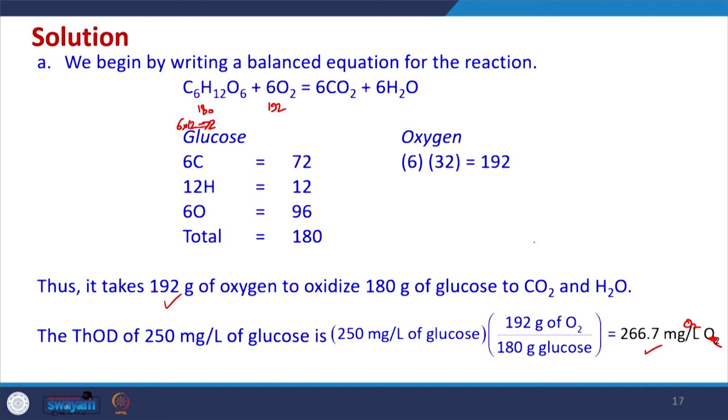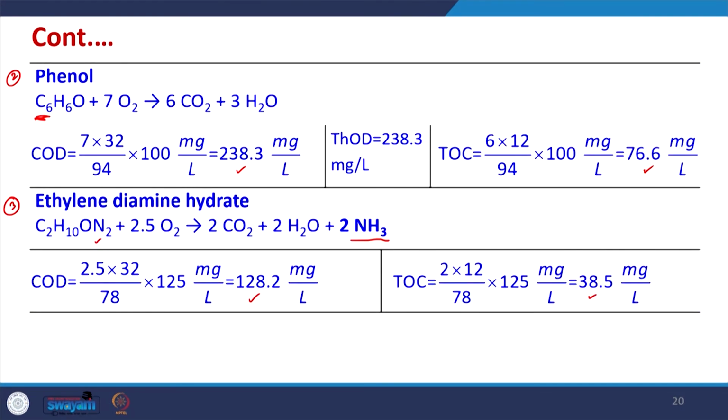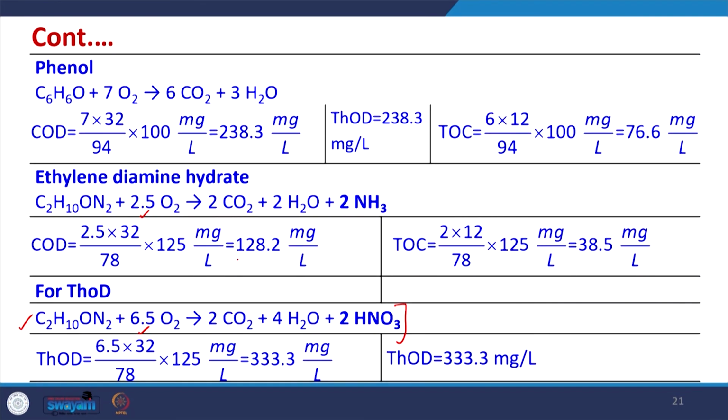Here also in the equation we can very easily see that, because 2N is there. So, the difference is 4, that is 6.5 minus 2.5. So, we require 4 additional moles of oxygen, and because of that the THOD will be 333.3 for ethylene diamine, which is our third compound. Phenol was our second compound.